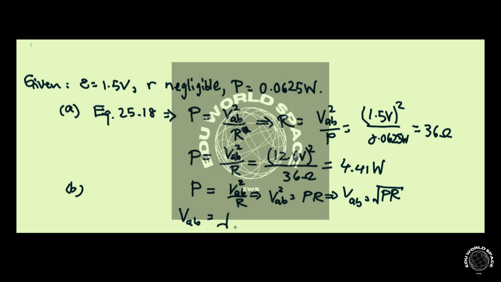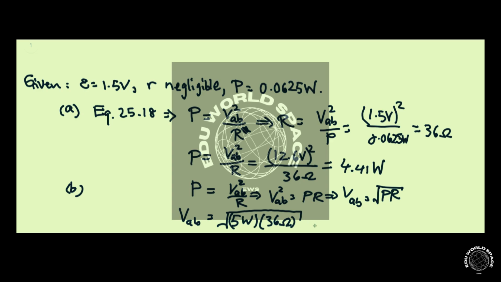So we're told that it's 5 watts of power that's dissipated, and we have our 36 ohms. And I forgot to mention, but a point that they state in the problem is that you assume that the resistance is not changing when you're changing your voltage, right?